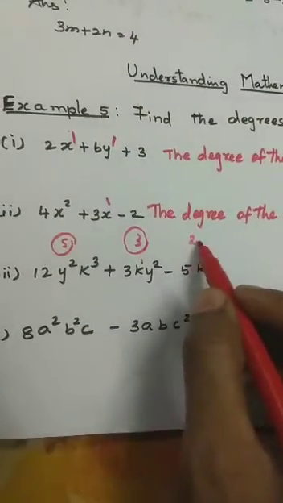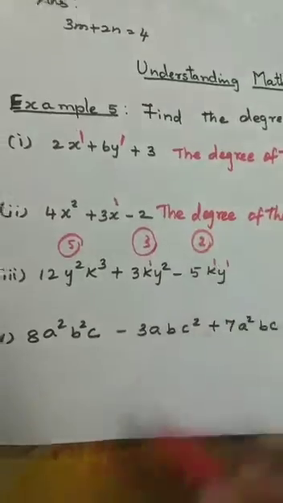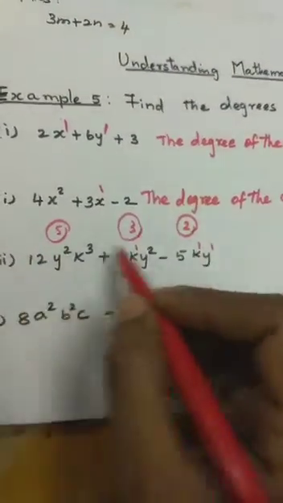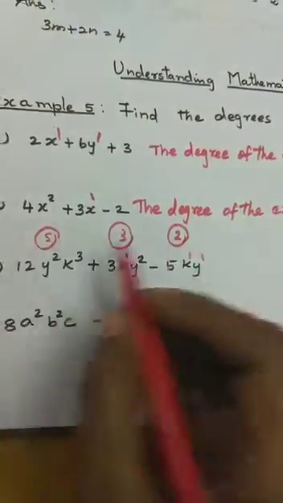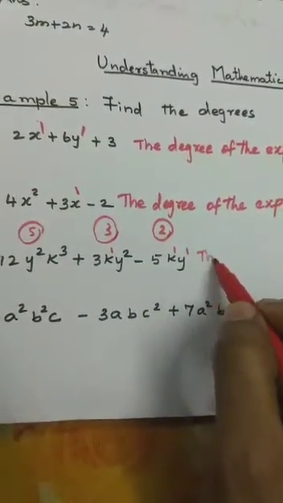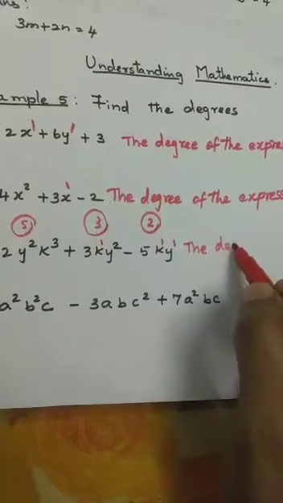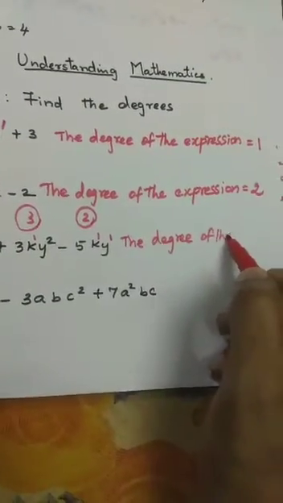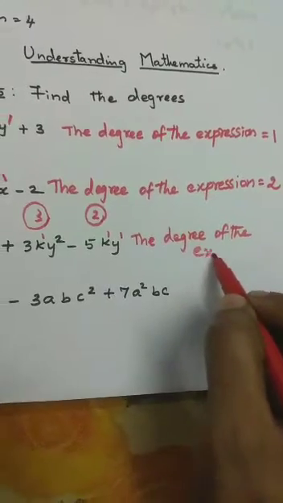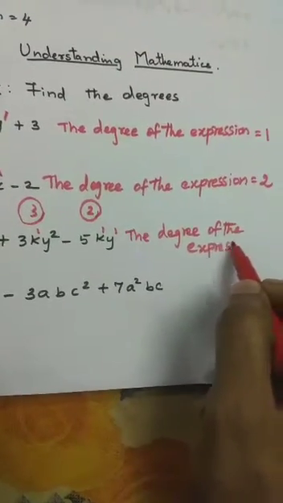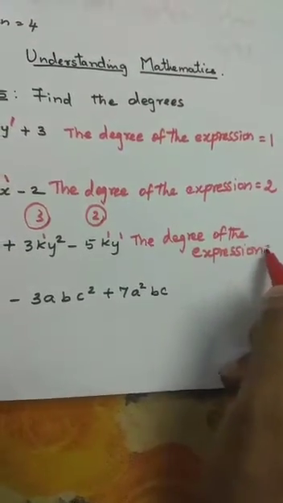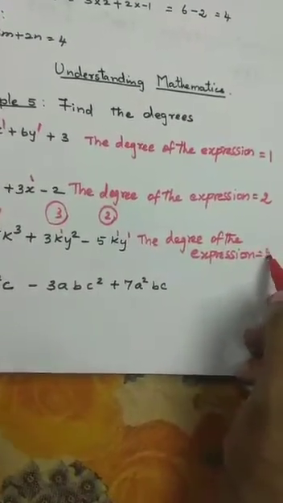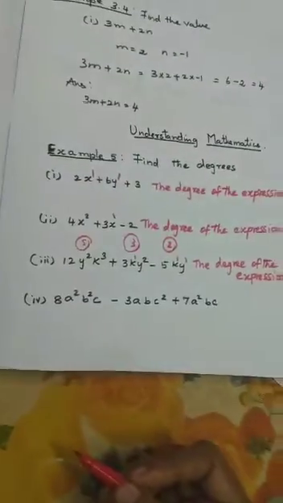So for the third term, the degree is 2. Now see which is the greatest degree here? 5. So the degree of the expression is equal to 5. 5 is the greater. So 5 is the degree of the expression.